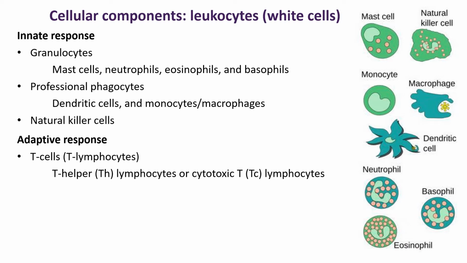Which brings us to the adaptive response. So here we have lymphocytes. Lymphocytes, if you remember, are a subset of leukocytes. They are found in lymphoid tissue. So we have T cells or T lymphocytes. Of these, we can have two flavors, if you like.